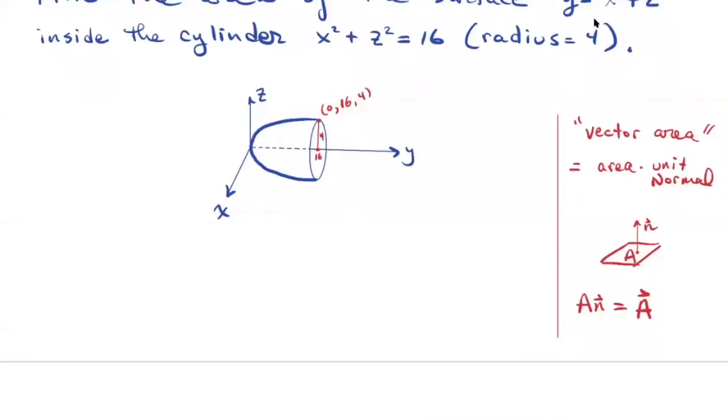So what I want to do is parameterize this paraboloid. It makes sense to use polar coordinates, but in the xz plane. So x is r cos theta, and z is r sin theta.